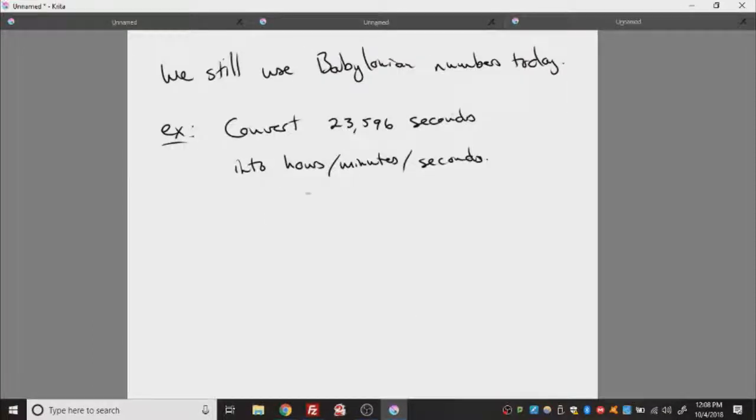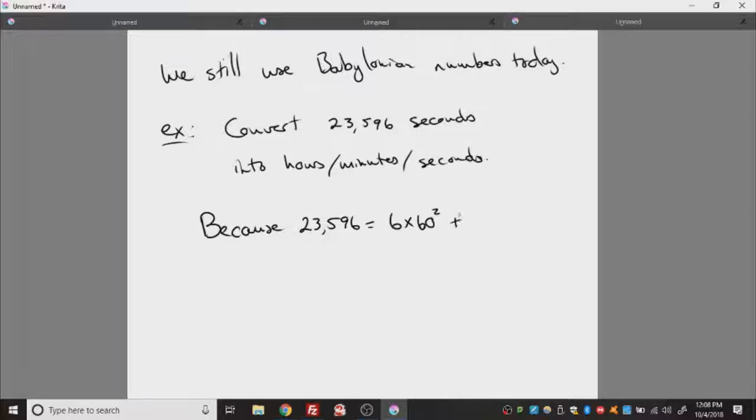It's the same number. Because 23,596 is 6 times 60 squared. Well, 3,600. If there's 60 seconds in a minute, 60 minutes in an hour, it's 3,600 seconds in an hour.